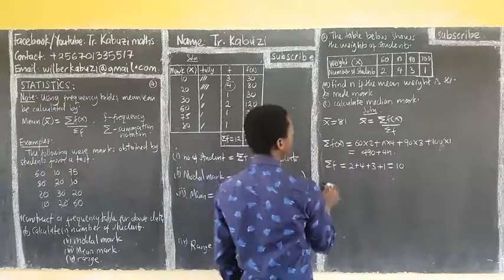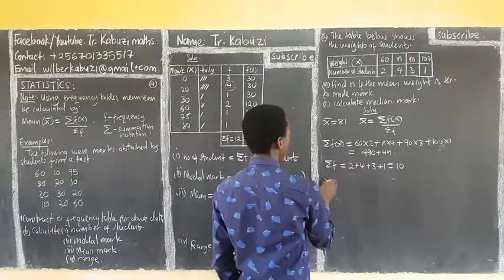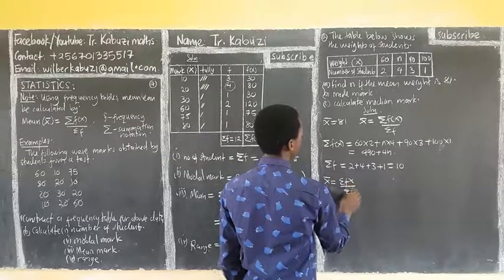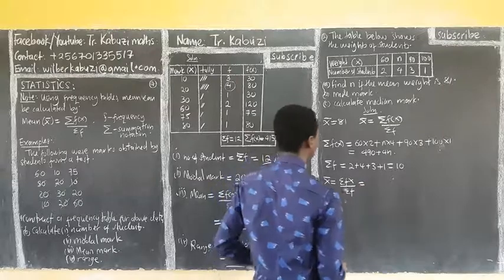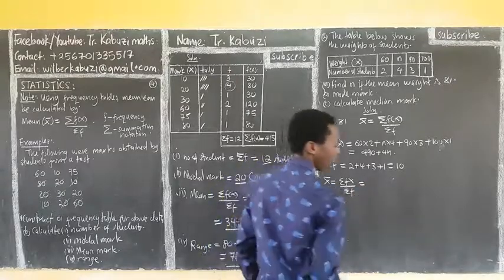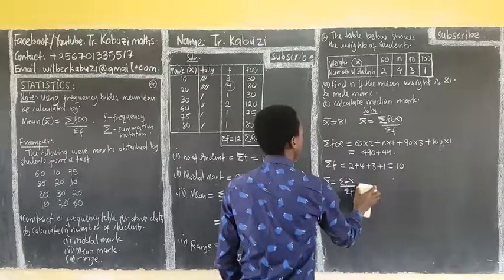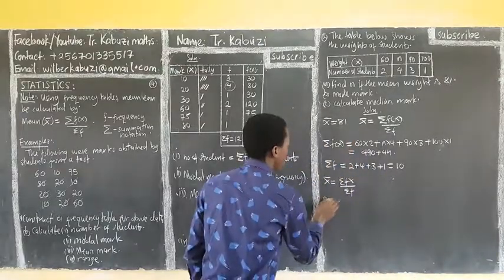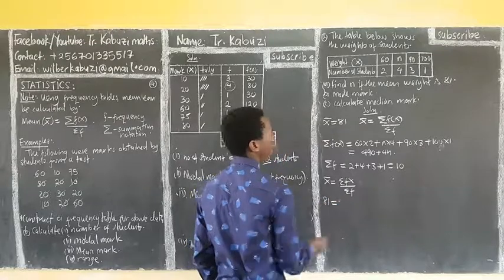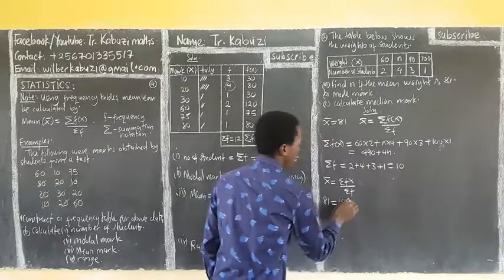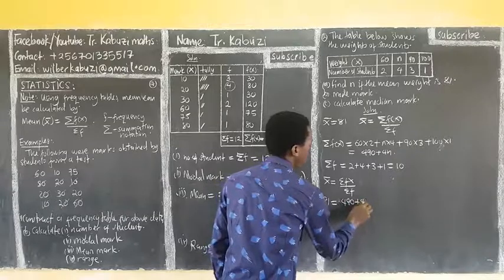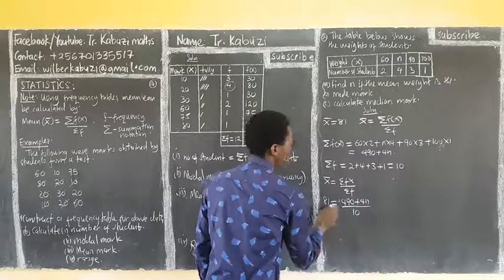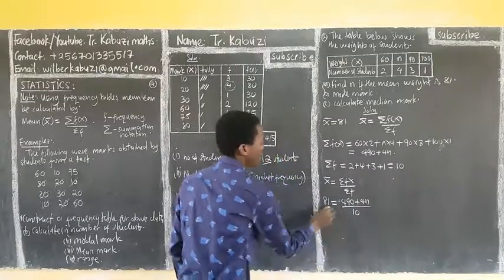So now my x bar is summation f of x over summation f. So my x bar is 81, equal to 490 plus 4n, the whole over 10. Then cross multiply, you see that this is over 1.